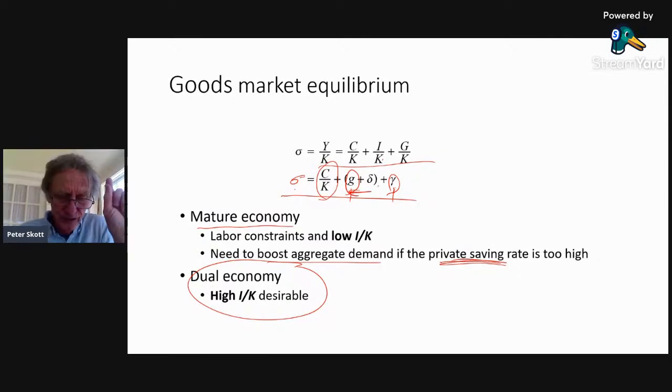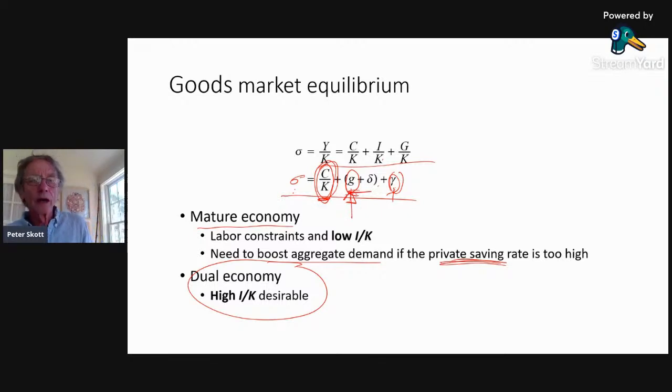Dual economies differ from mature economies in that you do not have the structural aggregate demand problem. If you have high saving, so you have a low private consumption to capital ratio, gamma is low, sigma is high, so you seemingly have a deficit, but no, you would want to have high accumulation.